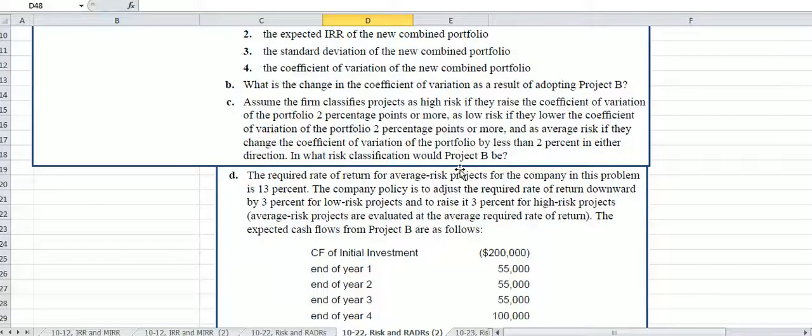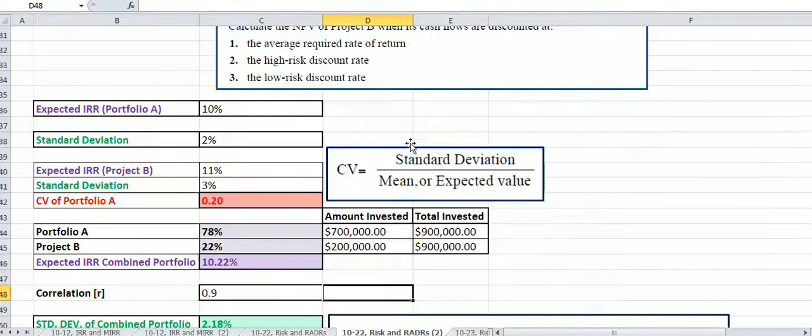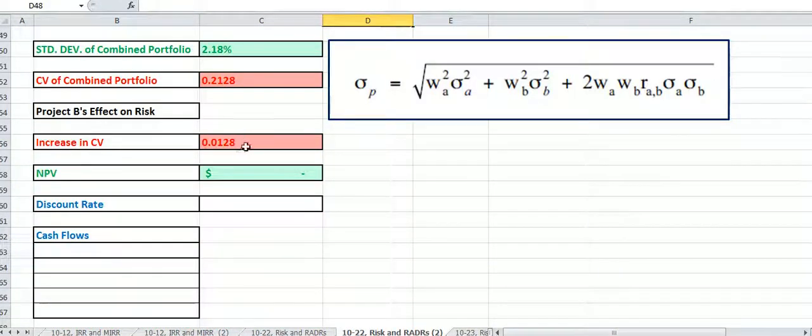In what risk classification would project B be? We have a change of well less than 2%, so we would call that average risk.